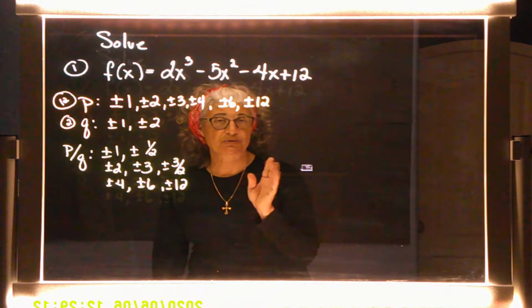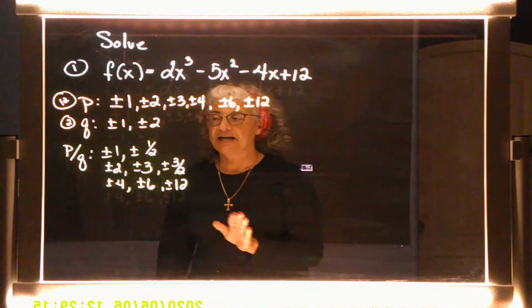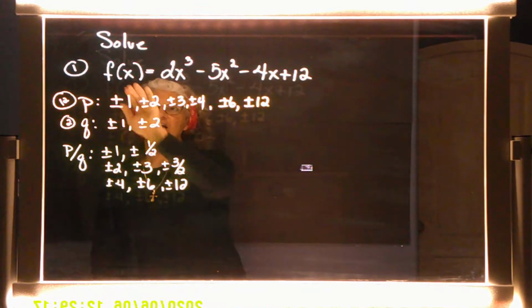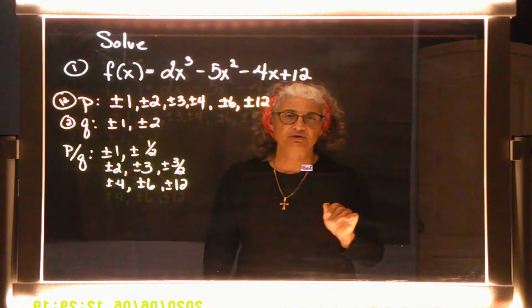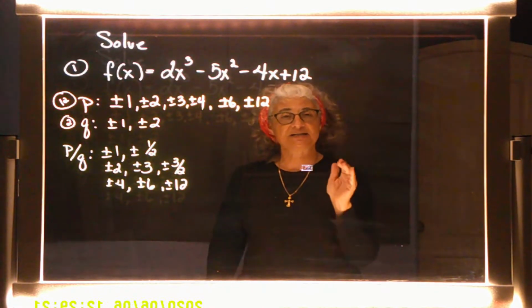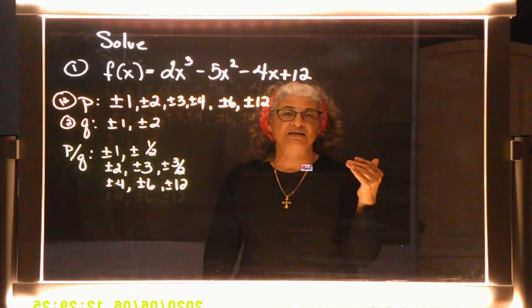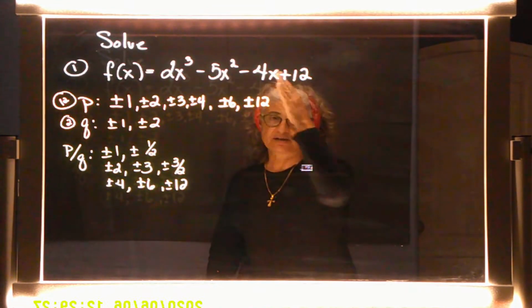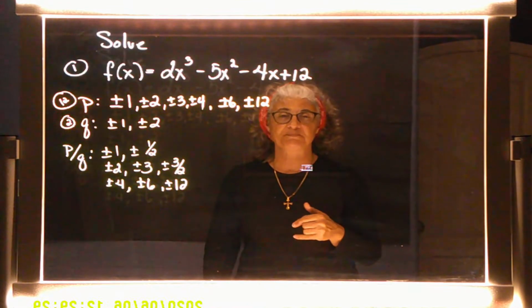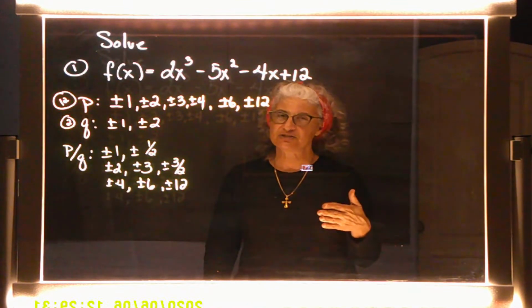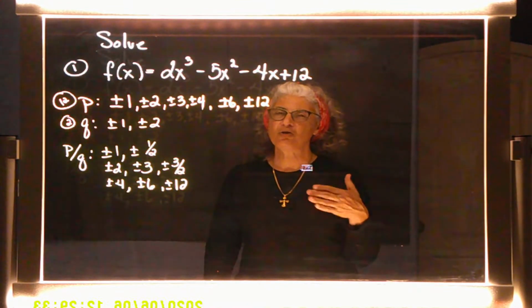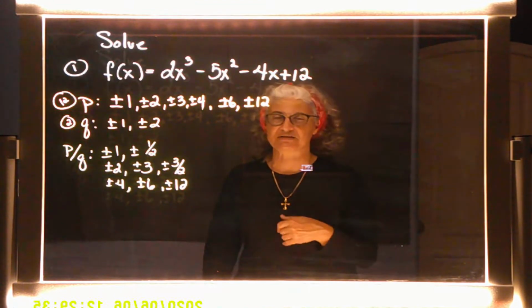I could use the remainder and the factor theorem. I could take all 16 of these, plug them into the original polynomial, and hopefully I end up with 0. Because if I end up with 0, that means the remainder is 0, which means that number goes in there, right?